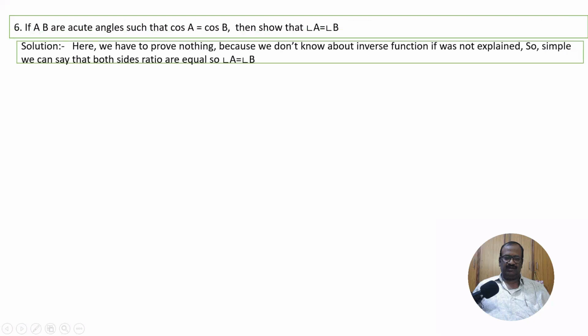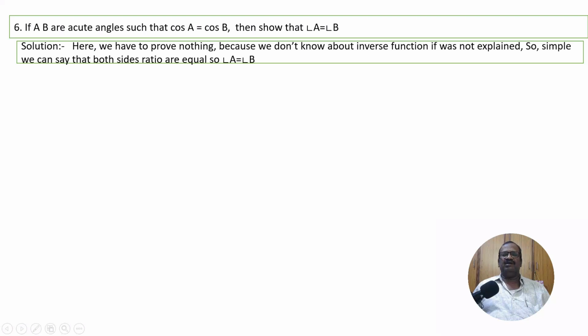If A and B are acute angles such that cos A is equal to cos B, then show that angle A is equal to B. When we observe this one, it is nothing. Here we have to prove nothing because we don't know about inverse functions. If you know the inverse function, we can solve the problem, but the inverse function doesn't arise in our syllabus.